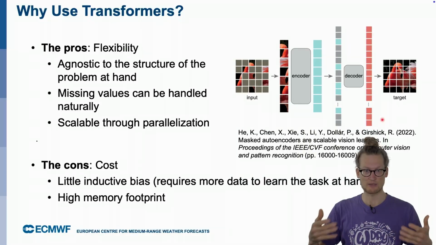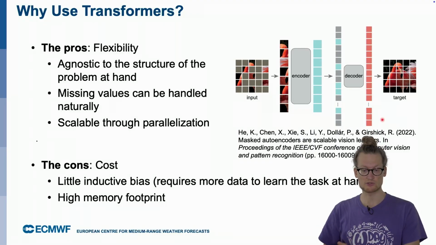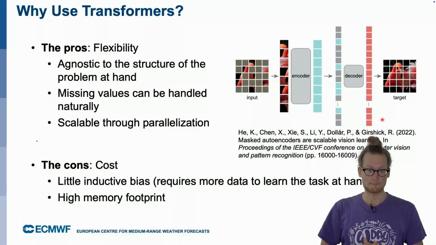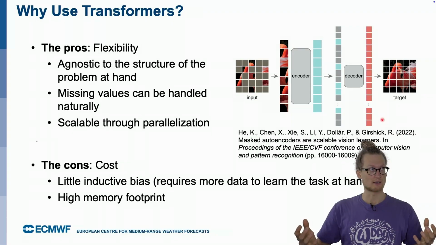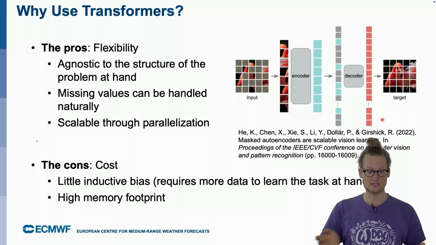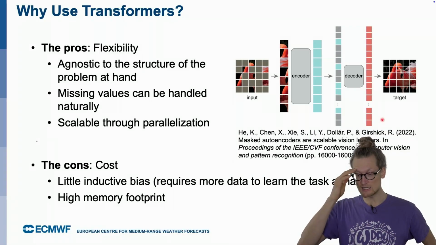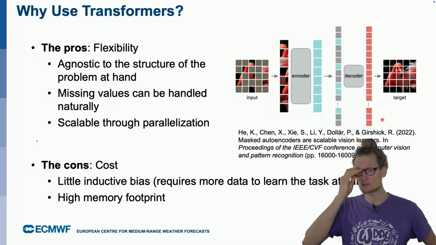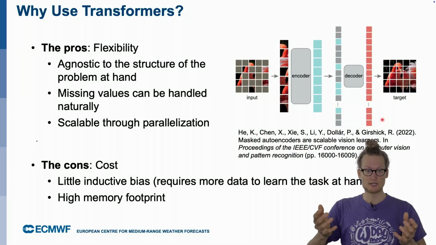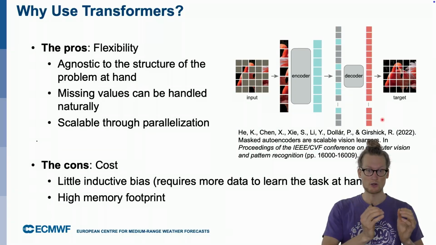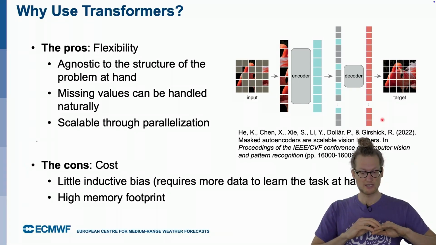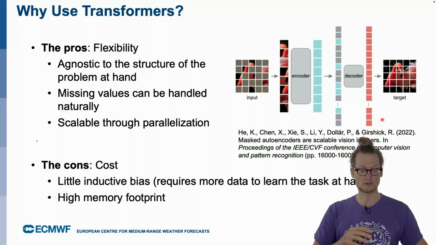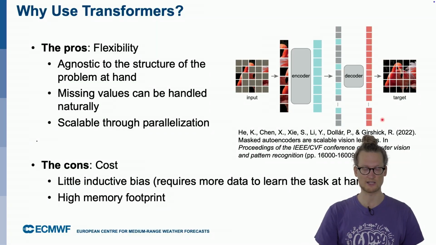It doesn't have so many inductive biases like a convolutional neural network, for example, has. And this also means that the functional space that a transformer can approximate is just huge. It can easily approximate any kind of function, but that also means it needs lots of data to learn actually to really approximate the function that you wanted to approximate, such that it discards all the other options that it could actually approximate, but it shouldn't in this task that you are interested in.